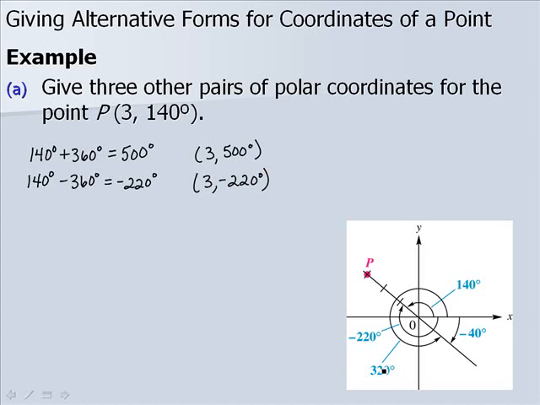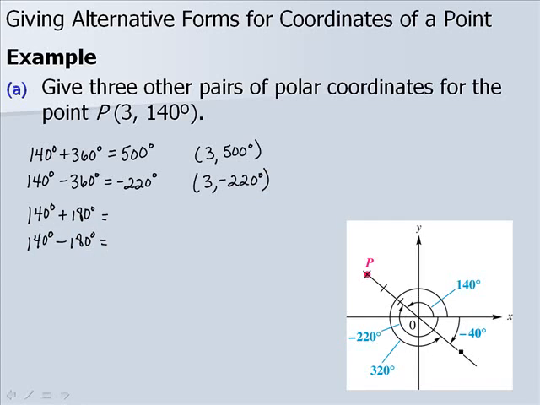And then the other 2 angles that we see result from taking 140 degrees and adding or subtracting 180 degrees. Now, by doing only half with 140, we end up in quadrant 4.